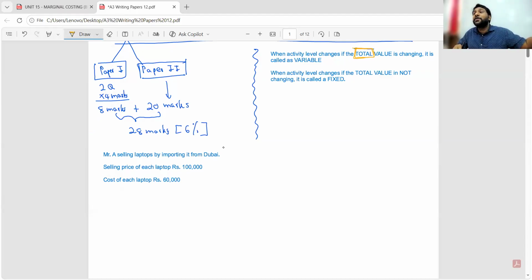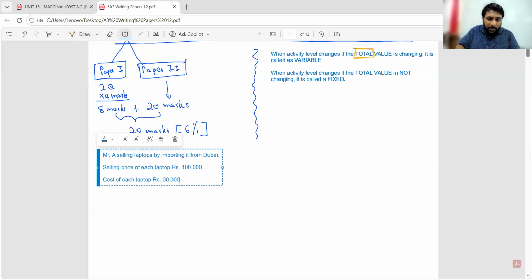When you buy 6 laptops, your cost is 360,000. So when the activity level, that means the number of laptops, changes, the cost also changes. So write down here: this is a variable kind of cost.